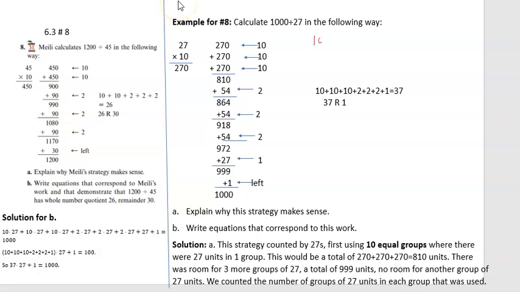When we do long division, that's what we try to figure out: the maximum number of tens we could get. So 270 and 540 are still smaller than 1,000, 810 is still smaller than 1,000, but if we do 40, that's 1,080, which exceeds. So that's the maximum number of tens we can get there.